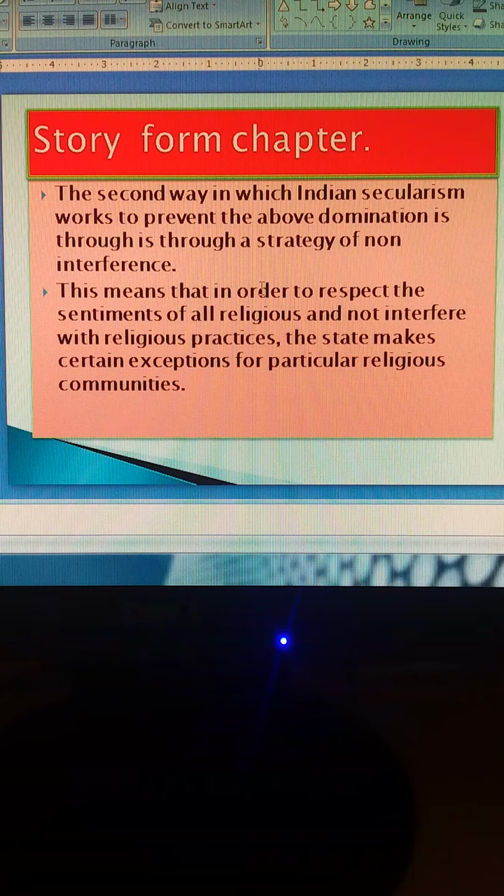It means that we should give equal importance to all religions. To respect the sentiments of religions and not to interfere with religious practices, the state has taken several measures.